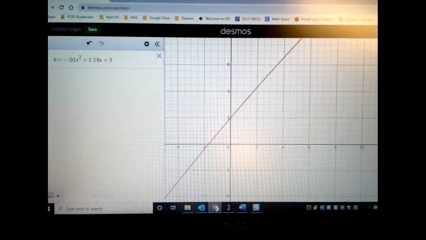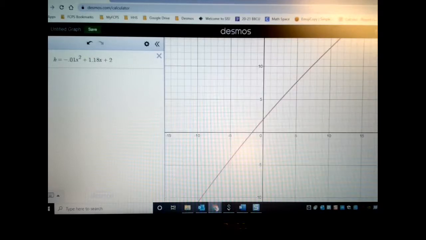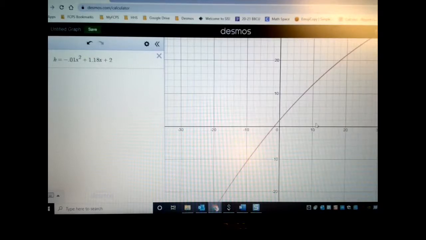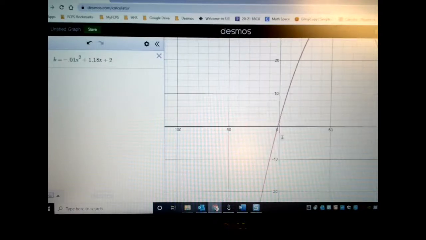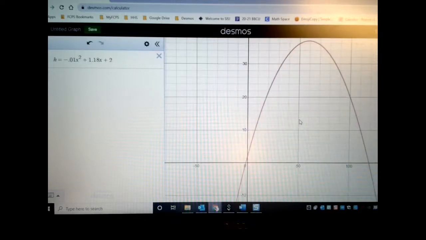I'm going to zoom out and then start monkeying with my axes. So if I tighten this in, now I can see my whole graph. And I can see my y-intercept, where this graph starts. I can see my maximum. And then I can see my 0, where this graph ends.